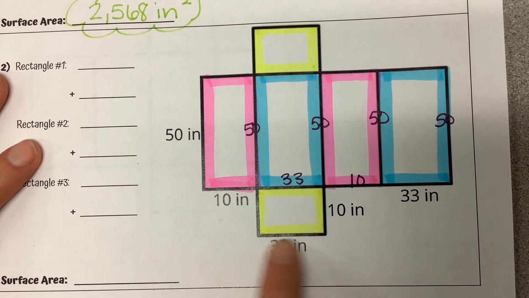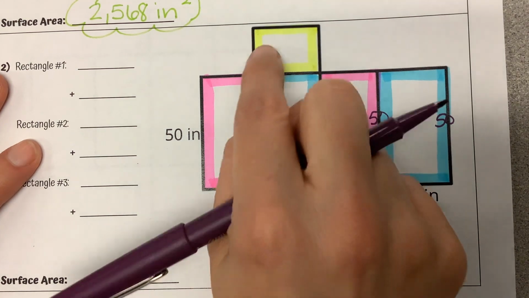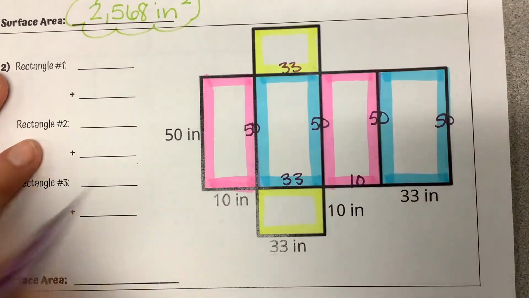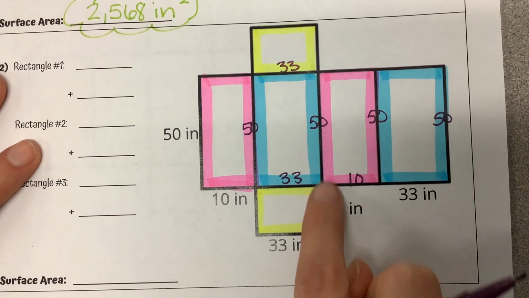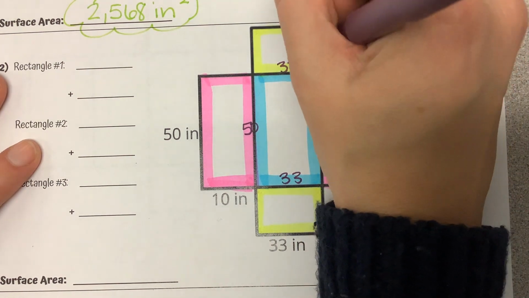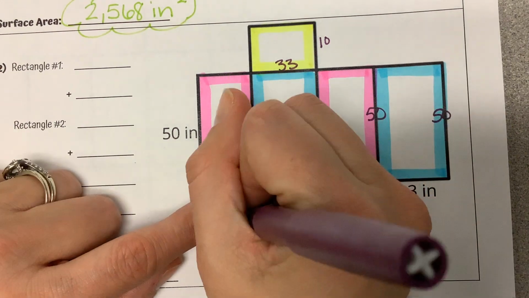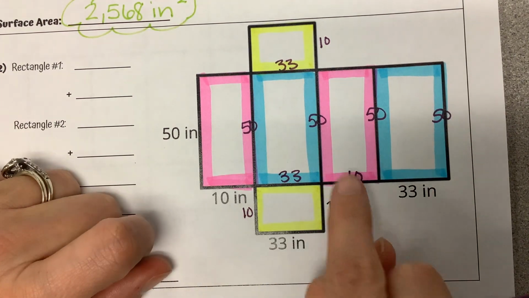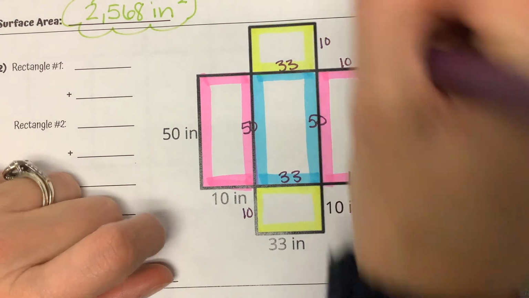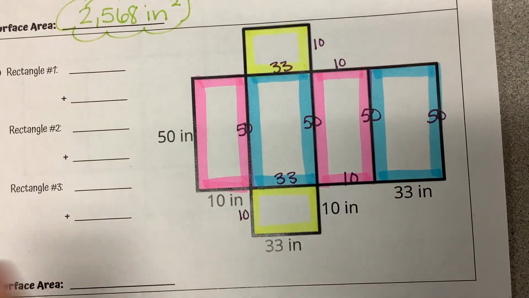Then here, if this length across is 33, that's 33, this is 33. If the height of my bottom base is 10, the height of my top base is 10, which makes sense because these two fold into each other. They're both 10. If the bottom's 10, the top is 10. They fold and they match.